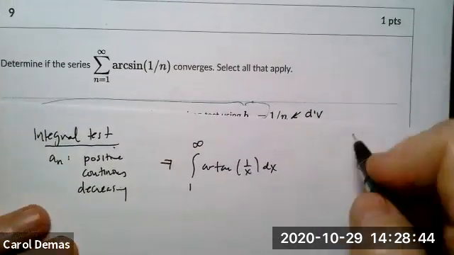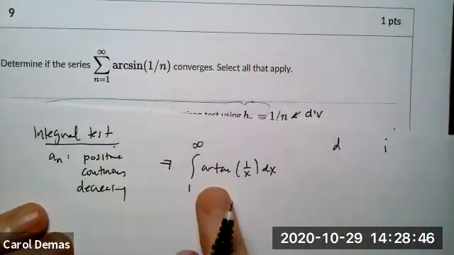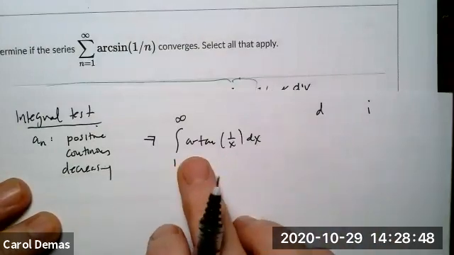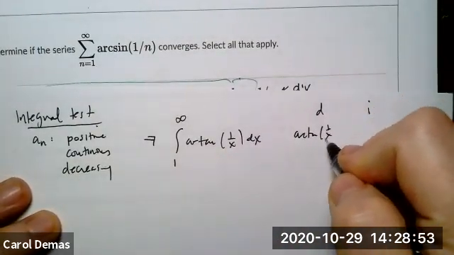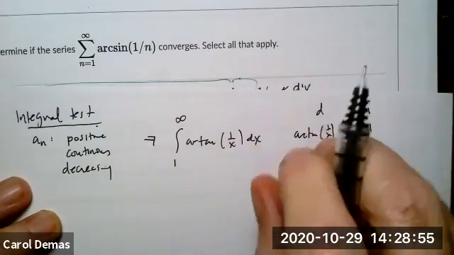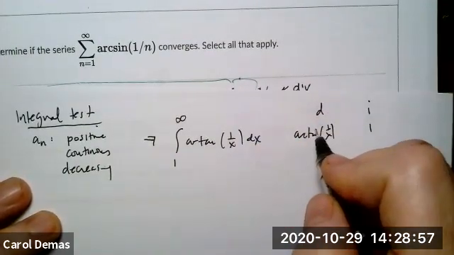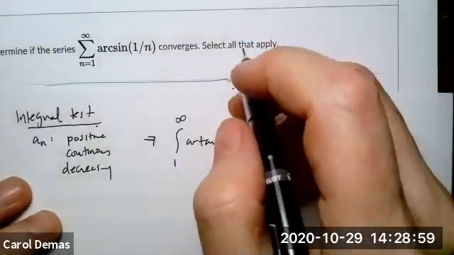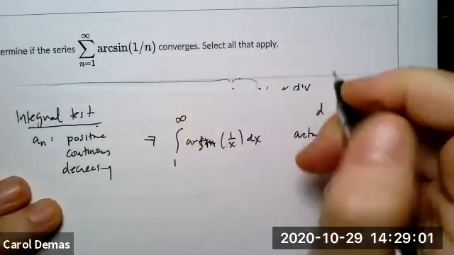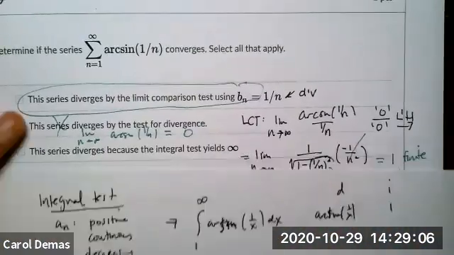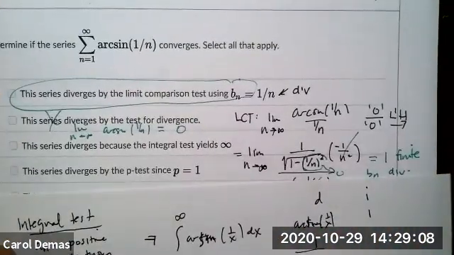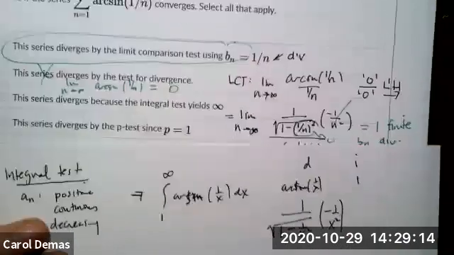Okay, so we need to integrate this by parts. Remember, if we have an inverse function, it's going to go under the d column, and I will just have a 1. When we take the derivative of this, it's arc sine, isn't it? We'll have 1 over the square root of 1 minus 1 over x squared, times 1 over x squared with a negative sign in front of it.